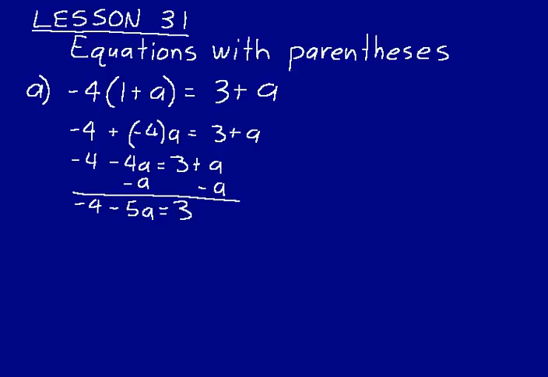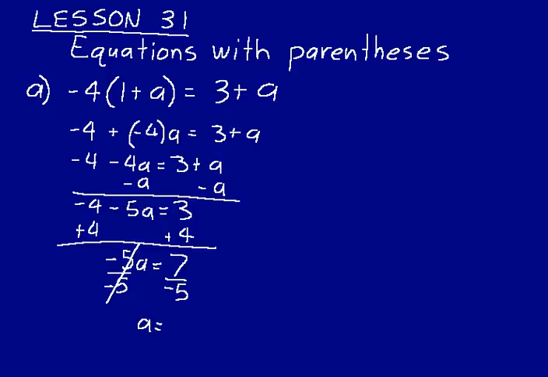And then I'll use the addition rule again to get rid of the negative 4 on the left. And then I'll just have the A by itself, or the A and its coefficient anyway. So now I have minus 5A equals 7. And then I just do the division rule, divide both sides by negative 5. And those cancel on the left, and I end up with A equals 7 over negative 5.